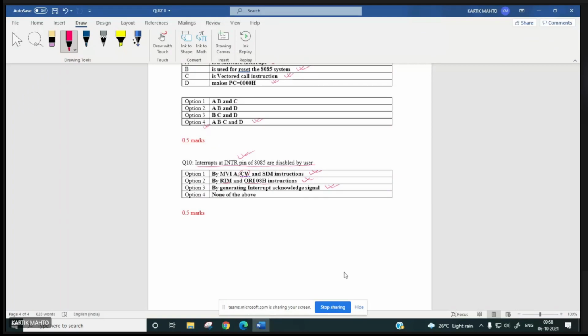None of the above is the correct answer, because for INTR we don't have this MVI A control word, SIM, or even EI. You cannot mask the INTR interrupt because it is not a vectored one. It comes via the INTR pin, and that we can disable only by writing the DI instruction, disable interrupt. So option 4 is correct.